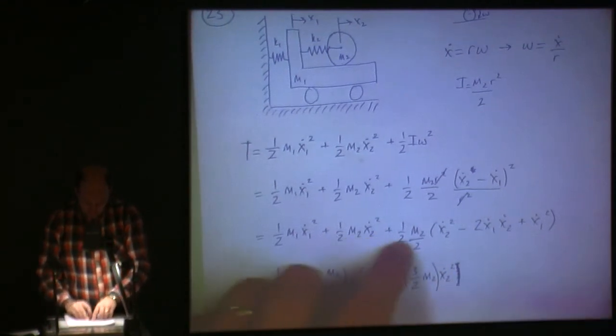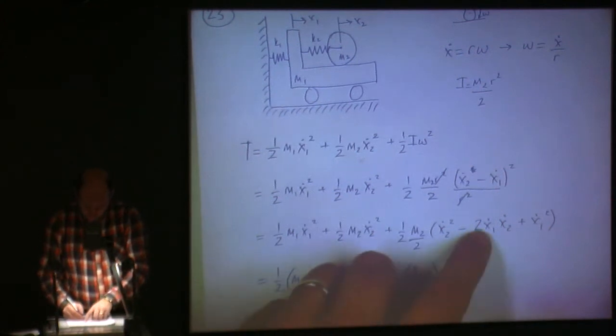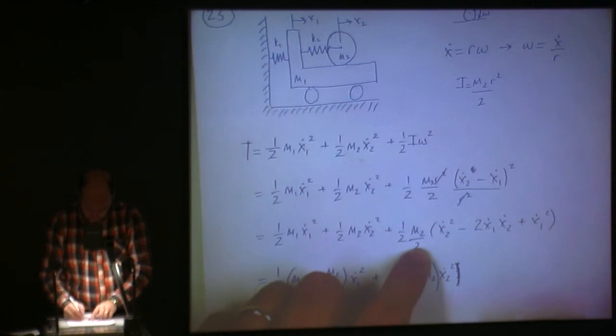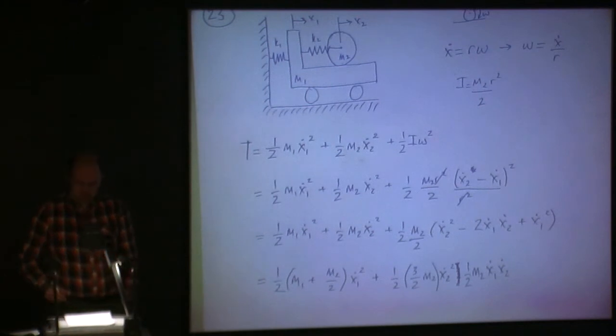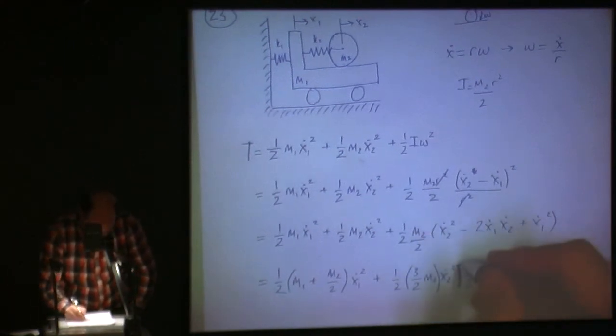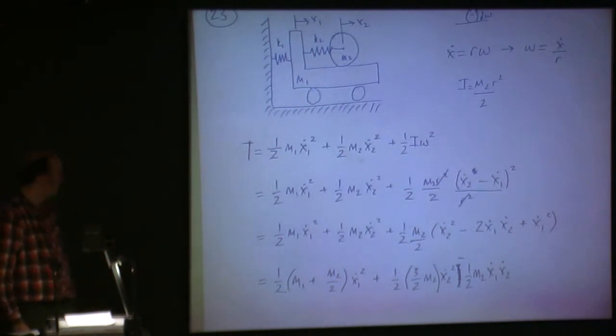And then we've got this term times the one in the middle, so we've got 1/2 m2 divided by 2. Well, I've got a 2 in here, so that gets rid of this one, we've got 1/2 m2 x1 dot x2 dot, minus. I'll write that out again just to be clear.